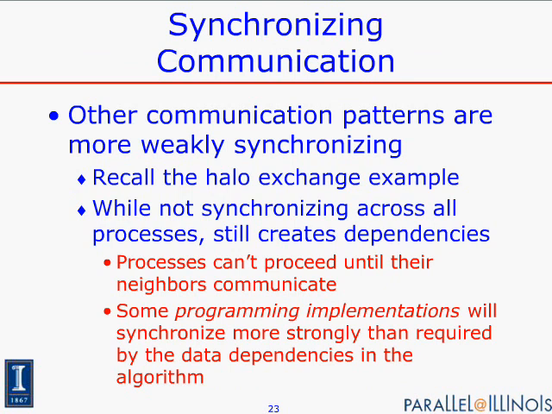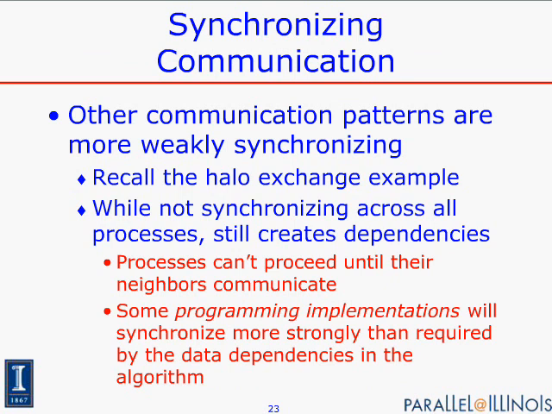I should mention here, and this is a sort of foreshadowing of things to come, that some programming implementations, some ways of writing code, some programming languages or models may synchronize more strongly than required in the algorithm. In other words, the way that you might naturally express an algorithm in a certain style of coding might create more synchronization requirements than the original algorithm.